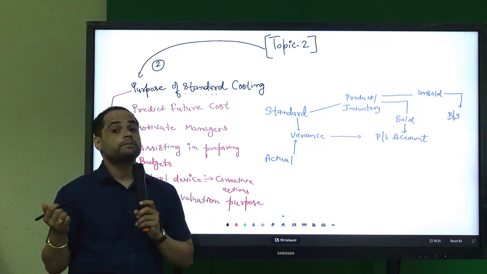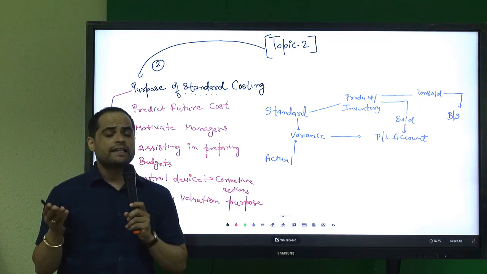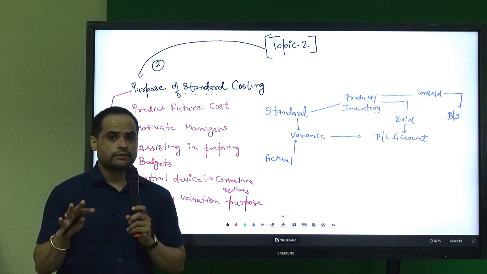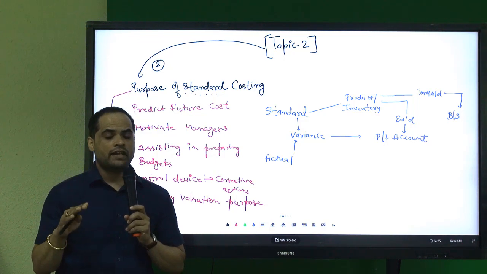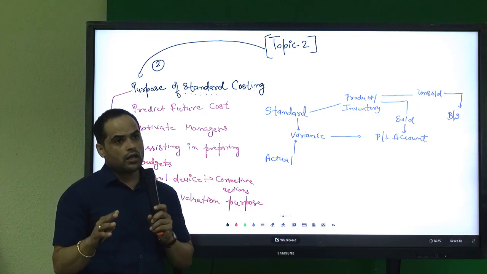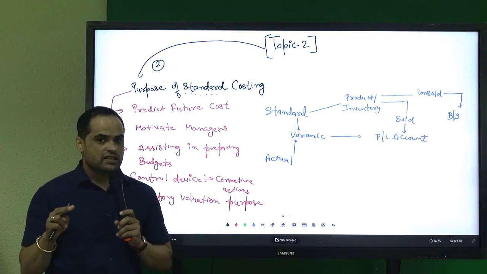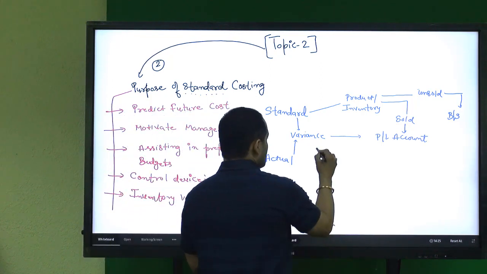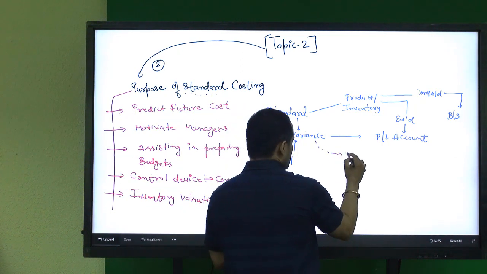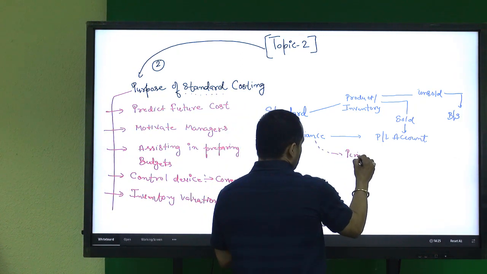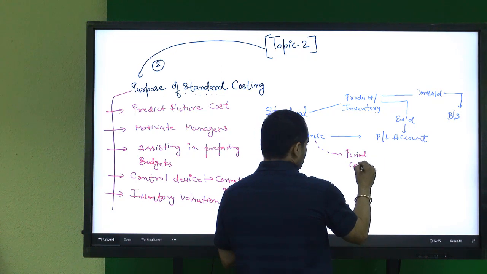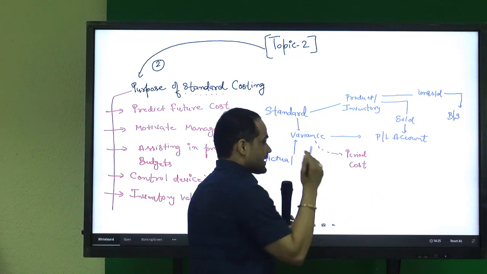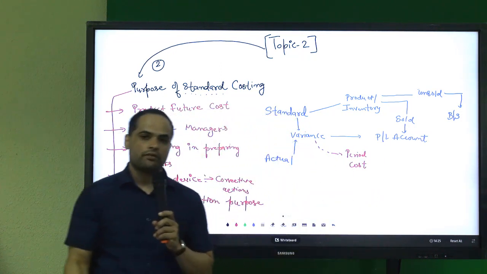Keep in mind, if we have any variance, that variance will be treated as a period cost, like overheads.